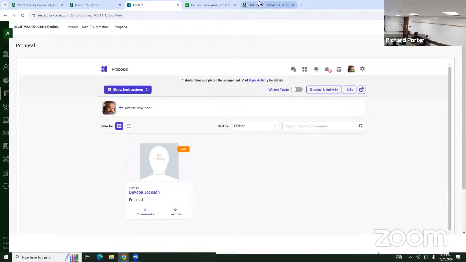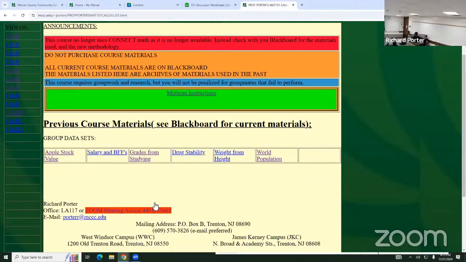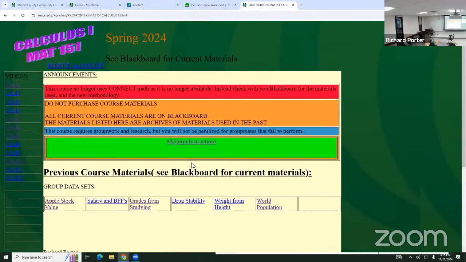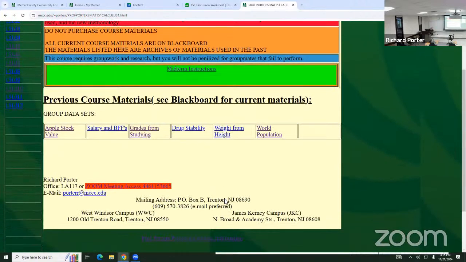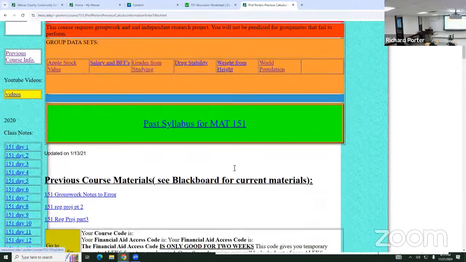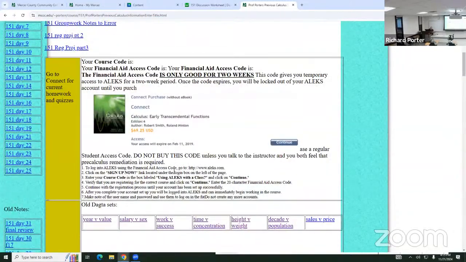Yes. Ideas, thank you. All right, so you wanted ideas. The way to get ideas is to look for the old previous course material link. Where's that link? It's hiding somewhere. There it is. You see how I hid it in blue over green because I don't want you going there. Project ideas.